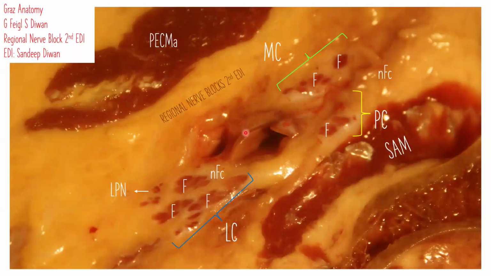Now, as I mentioned earlier, the medial cord, the posterior cord, and the lateral cord, of course, have the fascicles. The dark browns are the fascicles. These are all the fascicles which are embedded in the non-neural tissue. The fascicle is the neural tissue, and this is all embedded in the non-neural tissues.